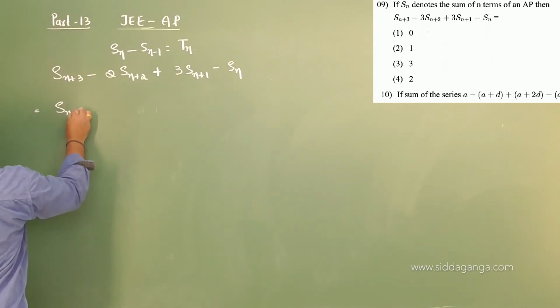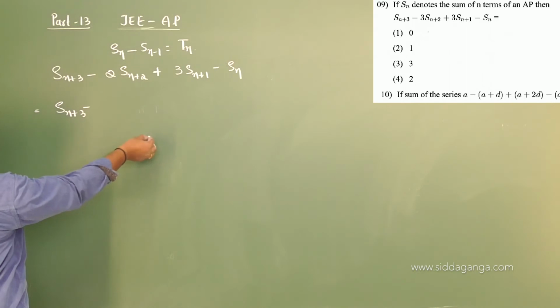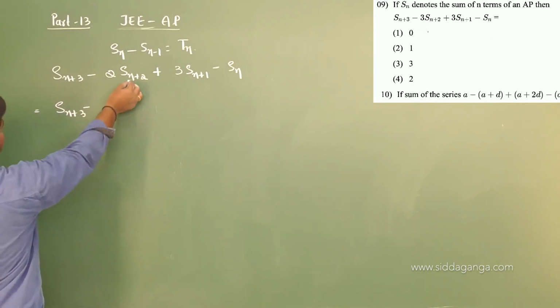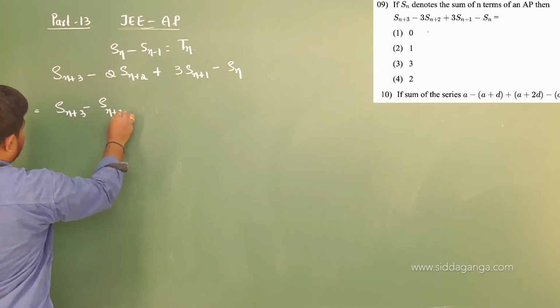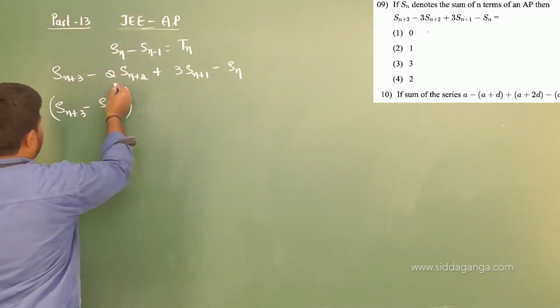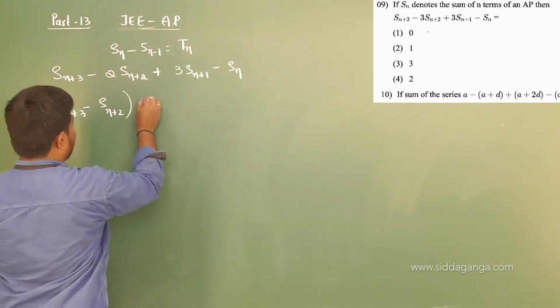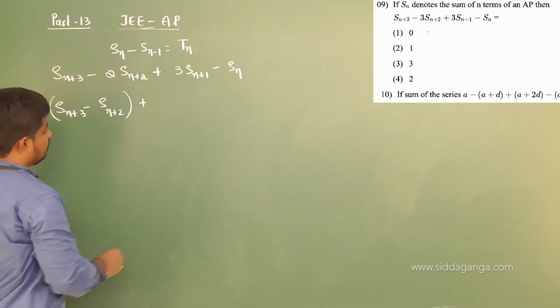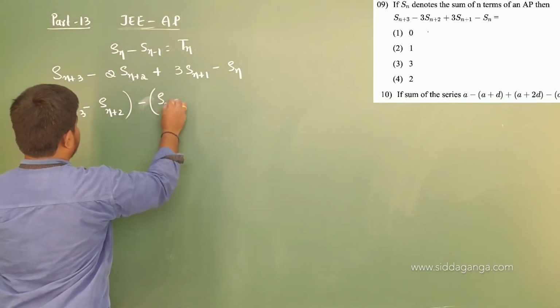Sum of n plus 3 terms minus, if it is n minus 1 becomes what? N plus 2, no? Here we have n plus 2. So, minus Sn plus 2. I am going to group this. You mean, here we have minus 2 times of this, and I am going to write plus or minus again Sn plus 2.